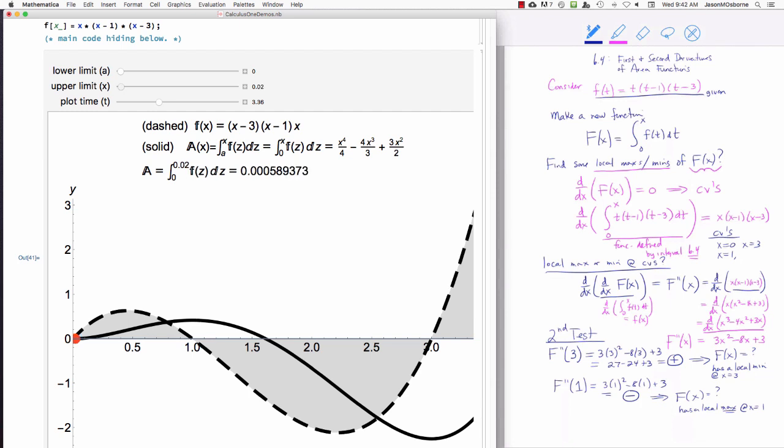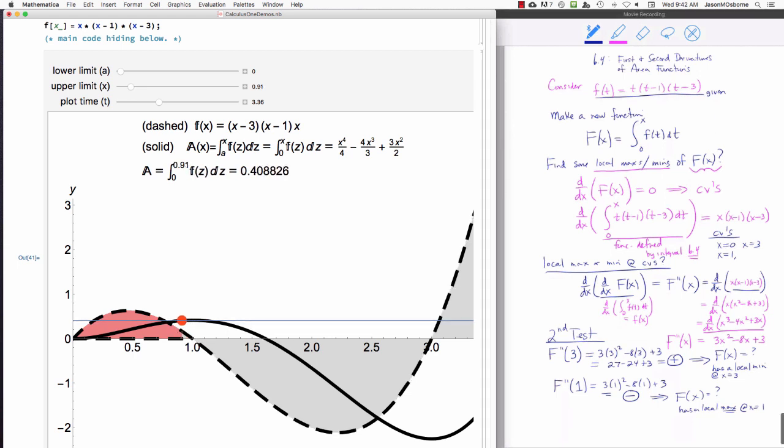So we're finding the area under the dotted line, so we're getting more and more area, positive area. Even though the function is dipping down here, we're still adding up red regions, so our function is coming up. And at x equal to 1, did we not decide that our function F of x, the solid line, had a local maximum?